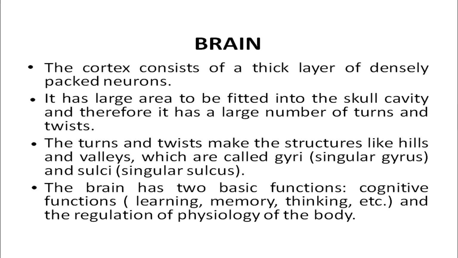The cortex consists of a thick layer of densely packed neurons. It has a large area to be fitted into the skull cavity, and therefore it has a large number of turns and twists. When I said turns and twists, let us see what those turns and twists are.